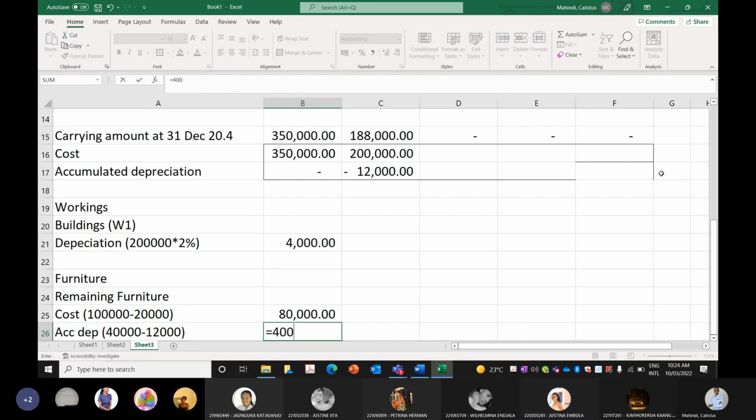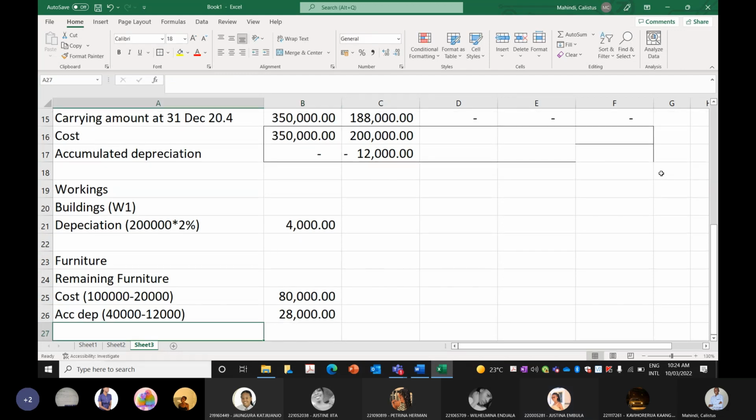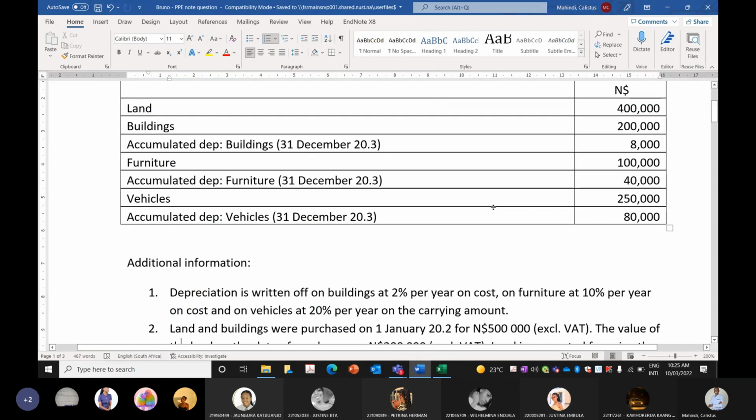So 40,000 minus 12,000, as at 31 December 20.3. These are just the opening balances. We haven't calculated the depreciation for the current year yet.